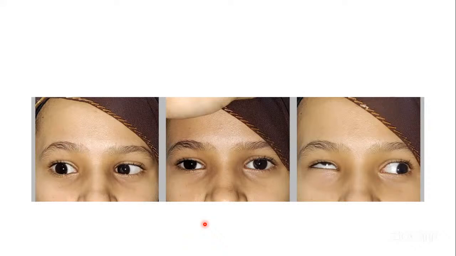Then when the girl looks towards the right side, there is restriction of abduction in the right eye and a little bit of restriction of adduction also. On the right gaze, there is a downward movement of the right eye, while when the girl is looking towards the left side, the right eye is getting elevated.